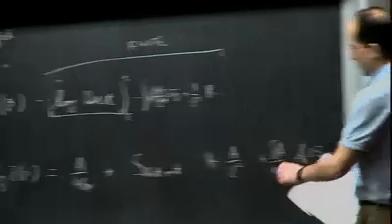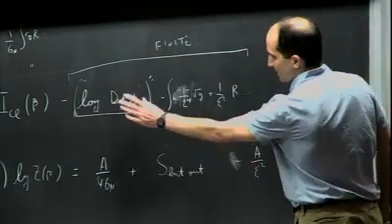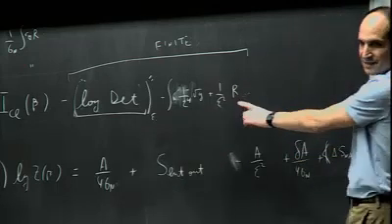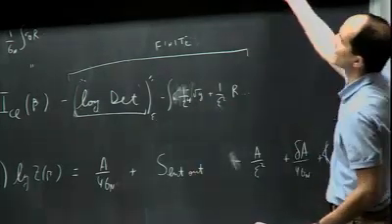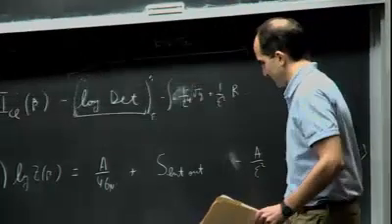So first, let me just say something simple. This term had some divergences, and they will be cancelled by the divergences we got from here. So the divergences cancel. Then there are these other finite terms, and I'll discuss them one by one.